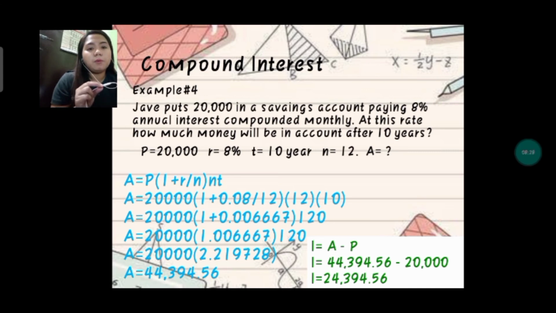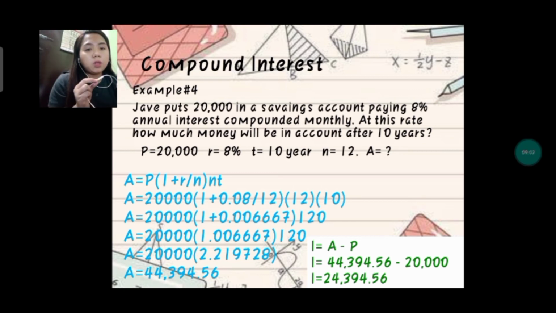So 20,000 times 1 plus 0.006667, because 0.08 divided by 12 gives 0.006667, raised to the power of 120. Then A is equal to 20,000 times 1.006667, because 1 plus 0.006667 equals 1.006667, raised to the power of 120.